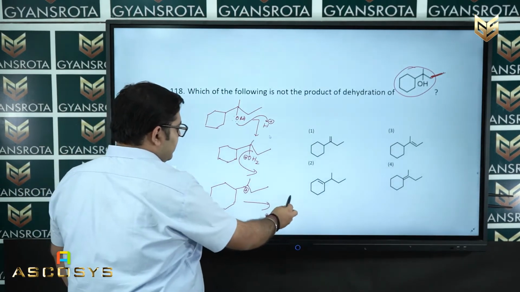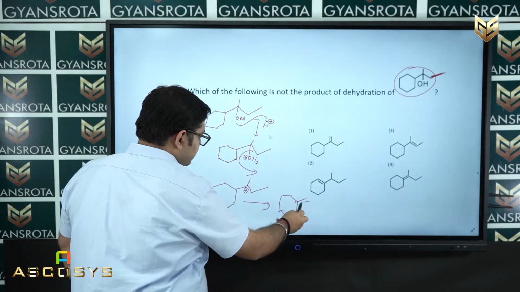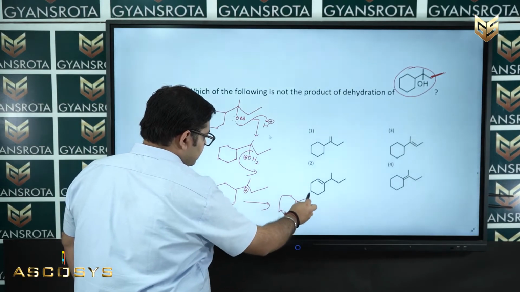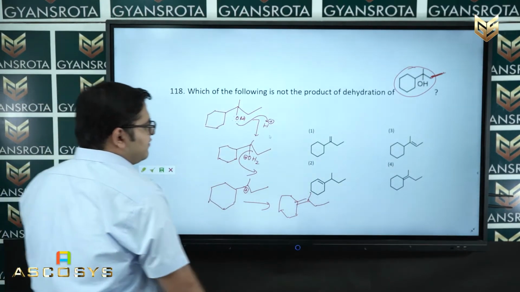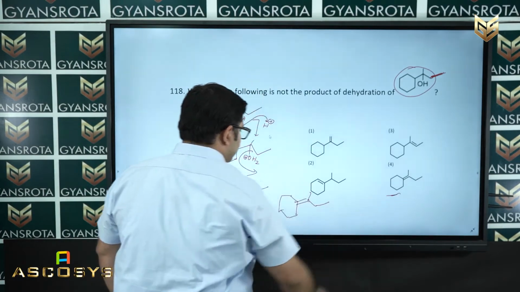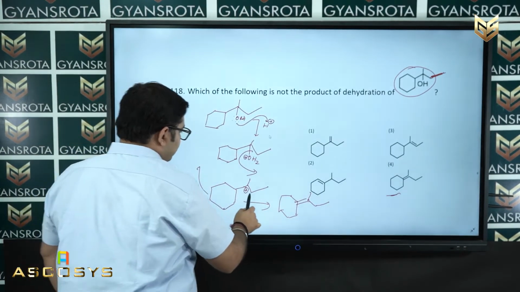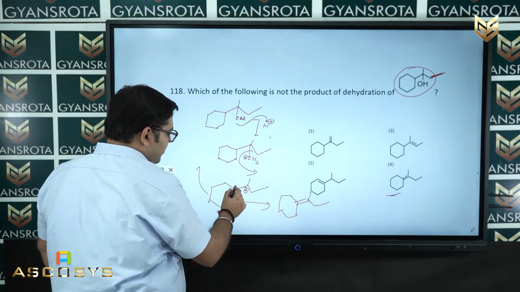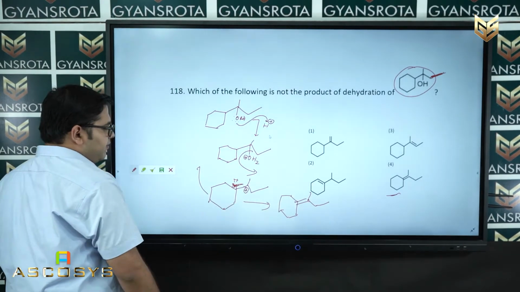Now, the first product we are obtaining here is this one. So, this is also a kind of product. Now, one more rearrangement if you do here, how will we obtain it? If you remove hydrogen from this side, a minus sign will be generated, and this minus and plus will form the bond.